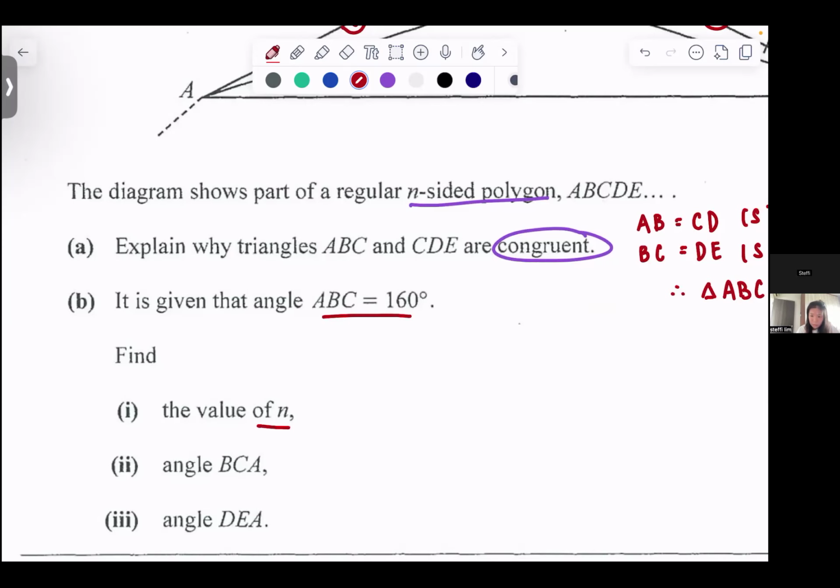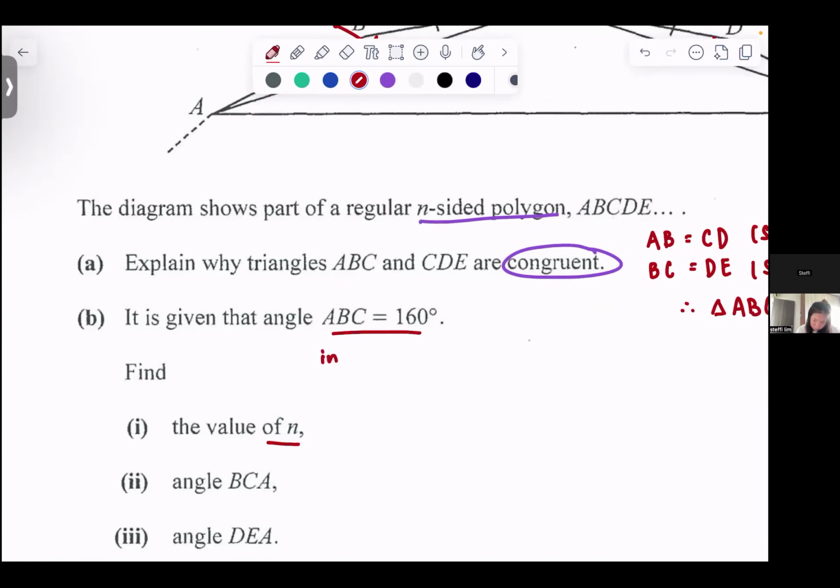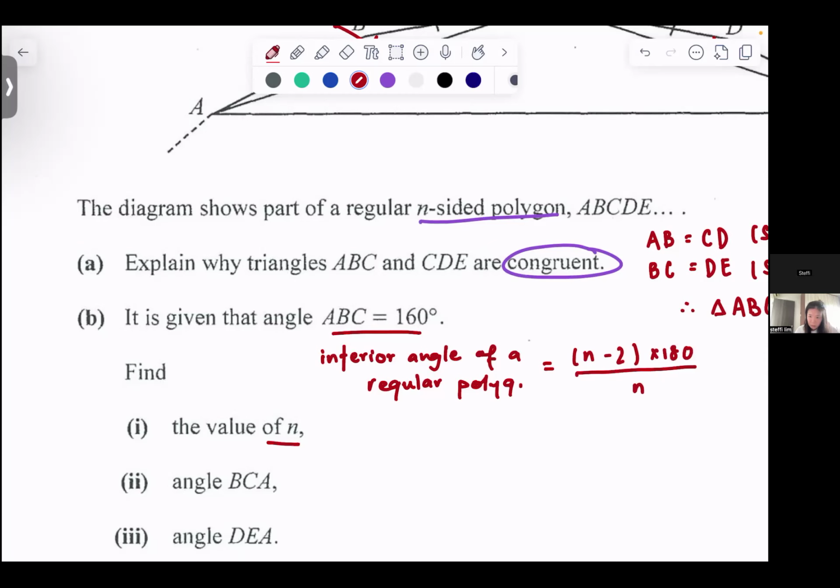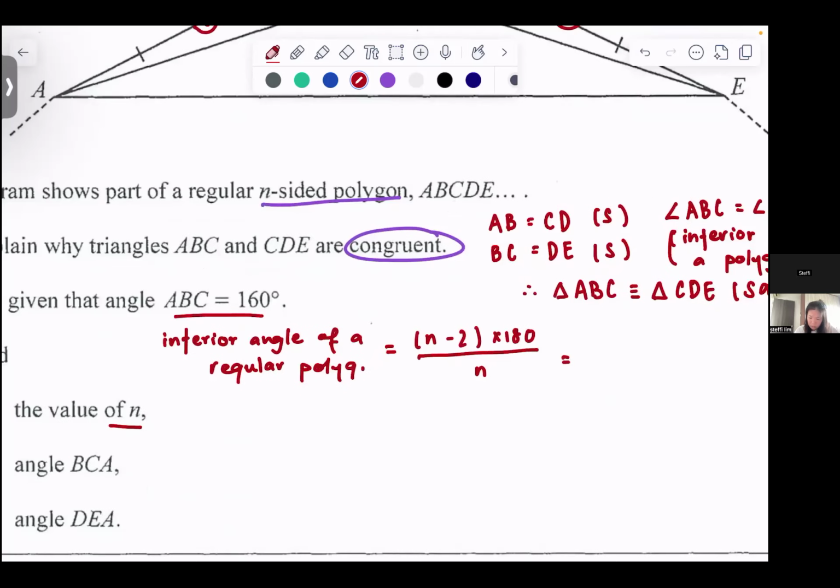You know that the formula for the interior angle of a regular polygon is (n minus 2) times 180 divided by n, and you know that this whole expression equals 160. You can manipulate this statement and find the value of n.